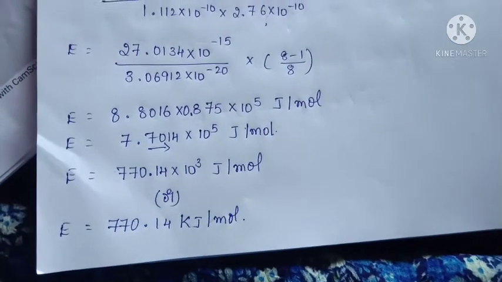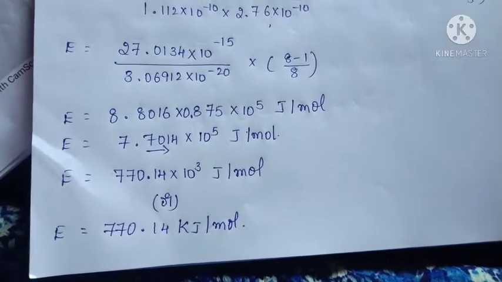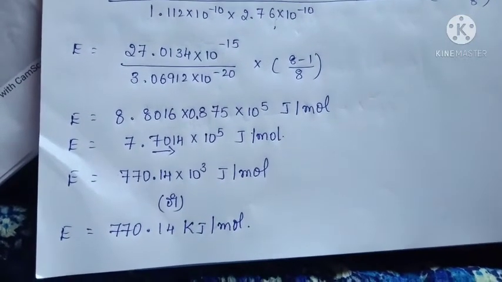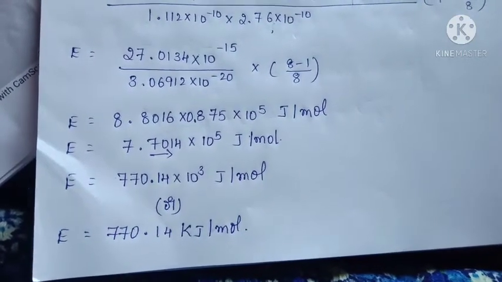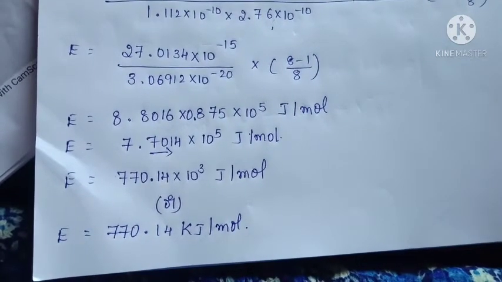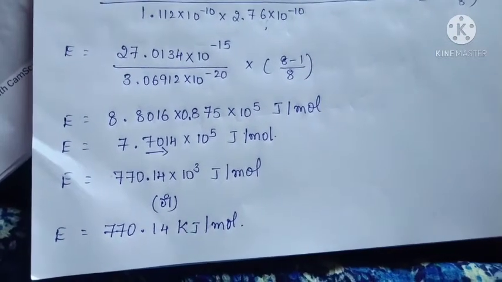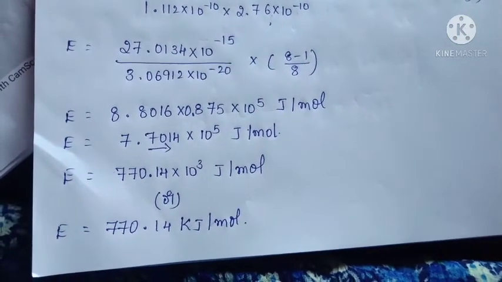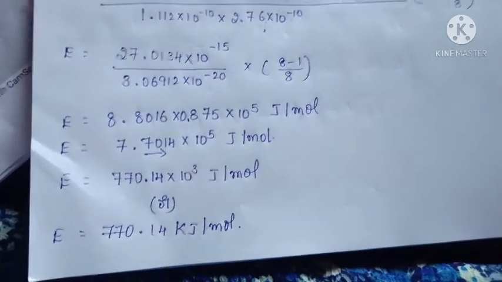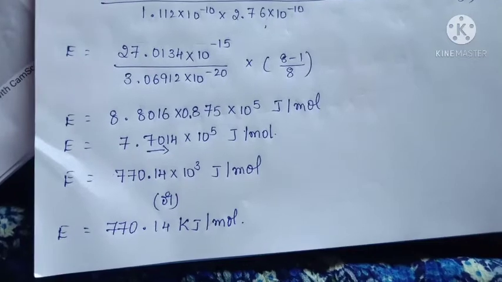We have to subtract the number of places shifted. Here we are shifting 2 places, so in 10 to the power of 5 we have to subtract 2. We are getting 770.14 into 10 to the power of 3 joule per mole.